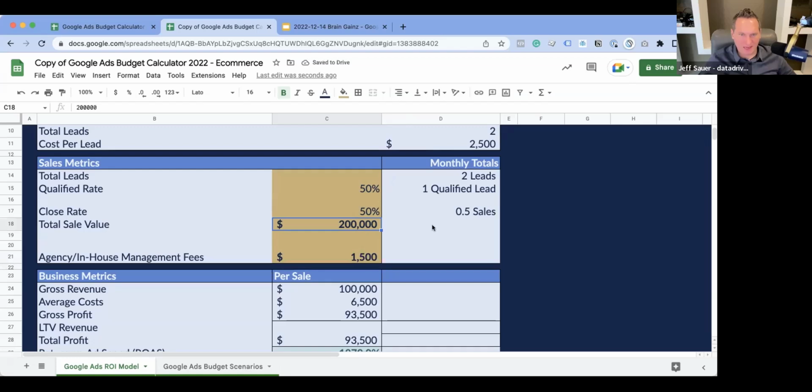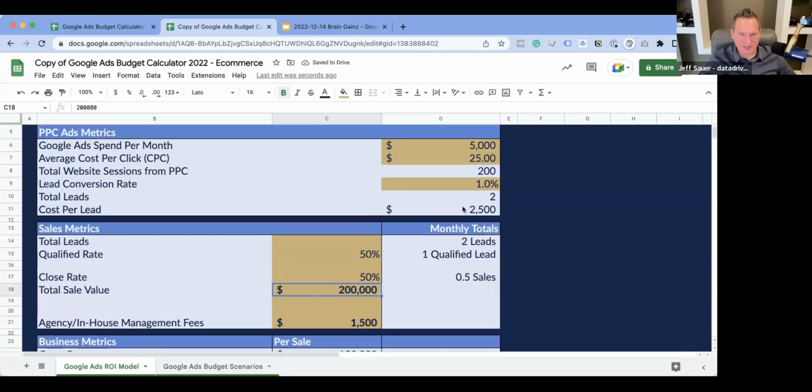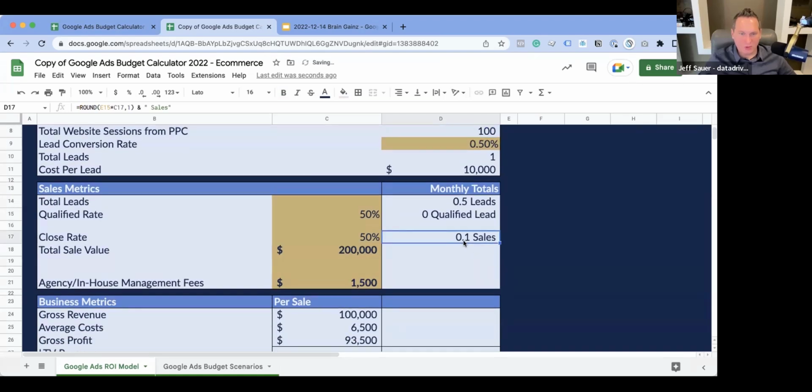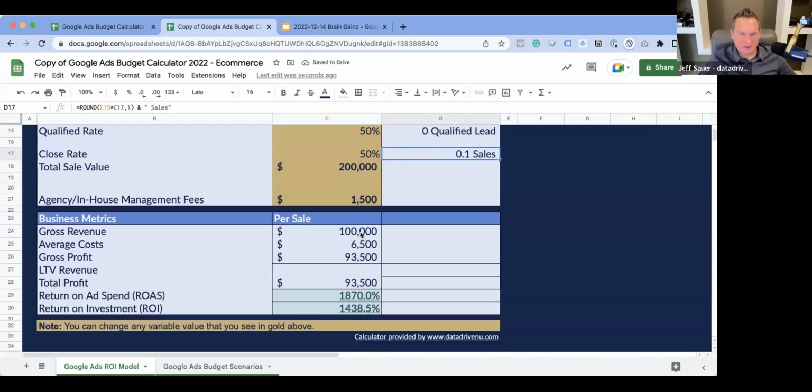And maybe you look at this and you say, okay, well, this is only 0.5%, and this is $50 a click. You're getting 0.1 sale. Even there, I'm not sure.